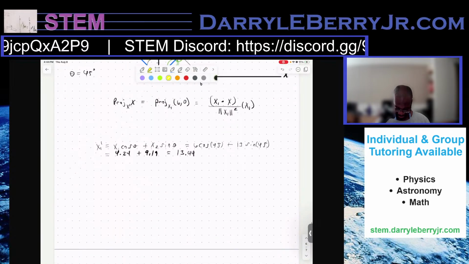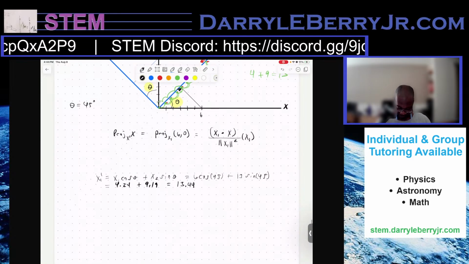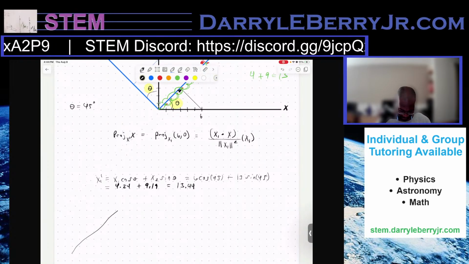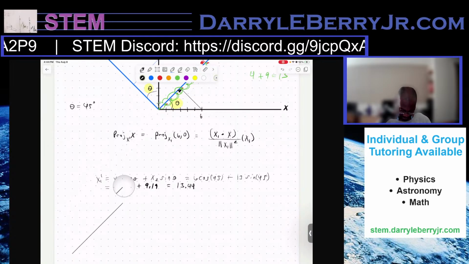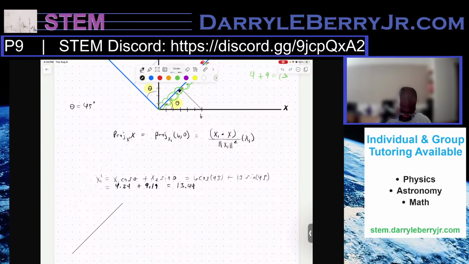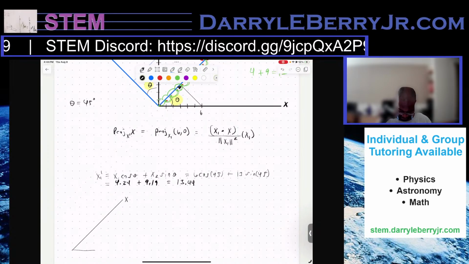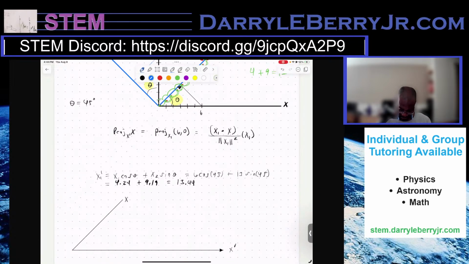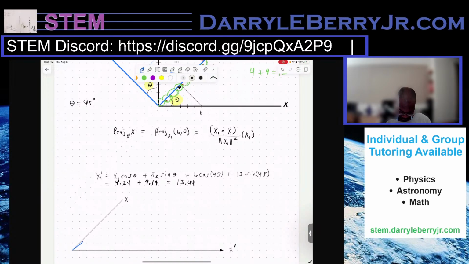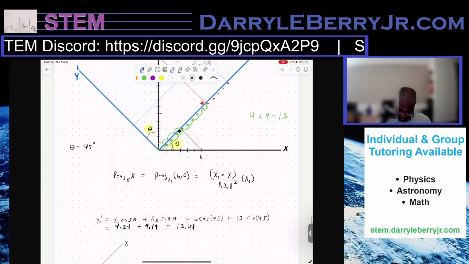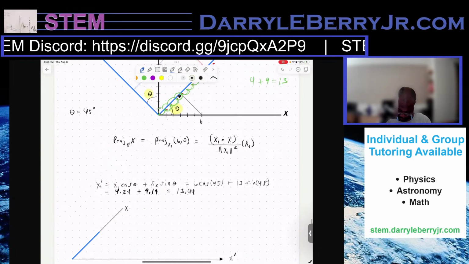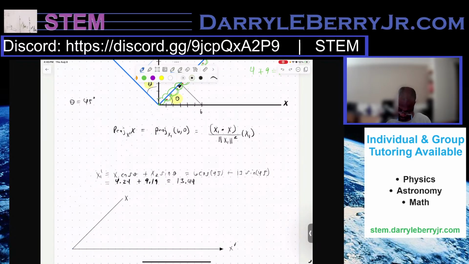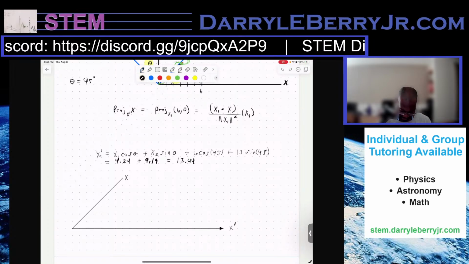Well, in this case, since I made theta equal 45 degrees, if I was to redraw this, let this be x and let this be x prime, and our x value, I guess I shouldn't make it the same color as that axis.